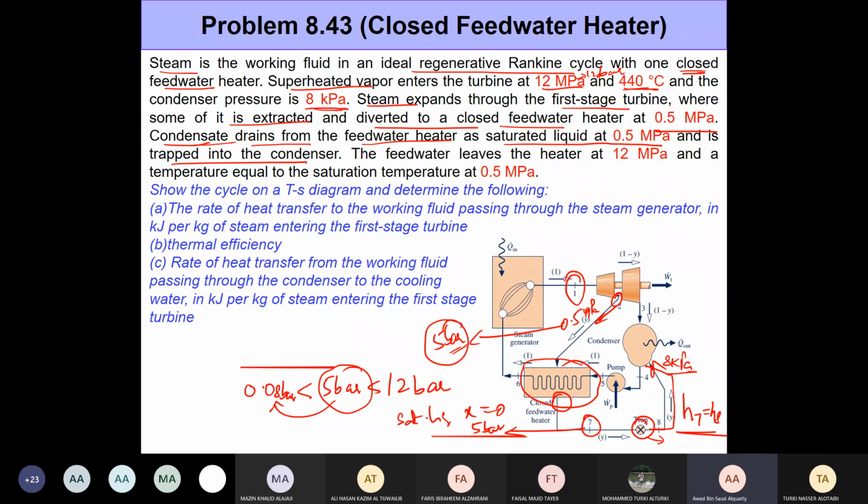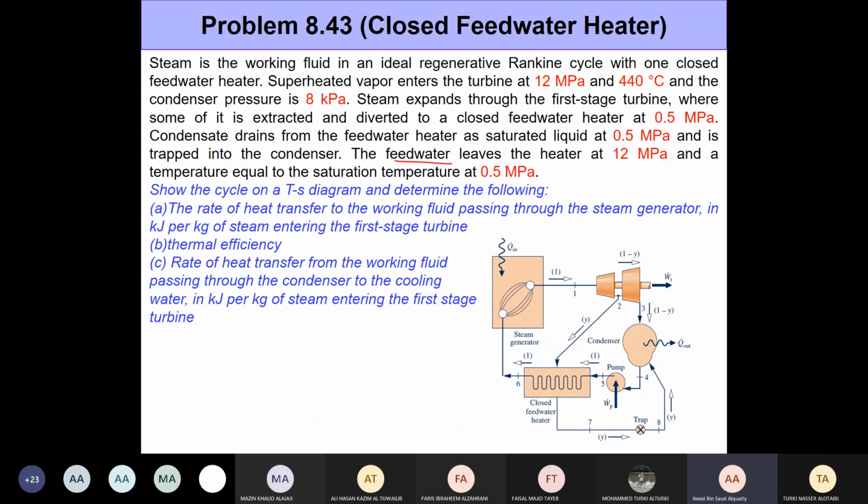Then what else is given? The feed water leaves the heater at 12 megapascal. 12 megapascal is the pressure of the boiler, and that's the pressure state 5 is at and state 6 is at.